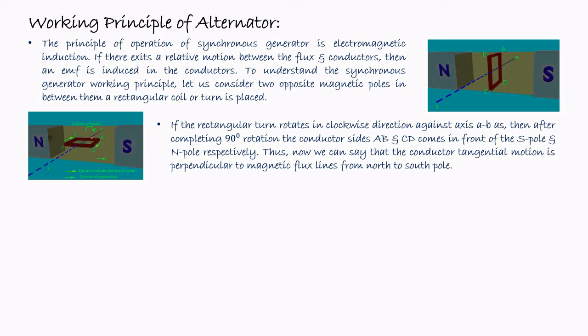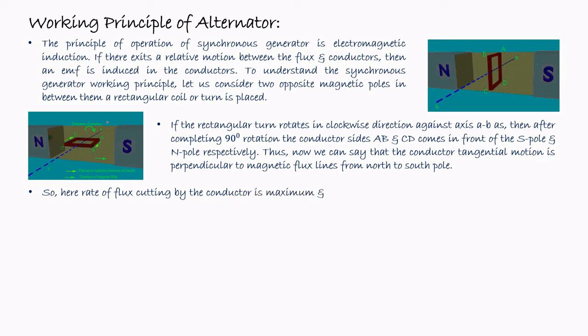That is shown in this figure. The AB side is near the South Pole and the CD side is near the North Pole. Thus, now we can say that the conductor's tangential motion is perpendicular to the magnetic flux lines from North to South Pole. So this is the position of the coil on rotation, and this is the position of the magnetic field.